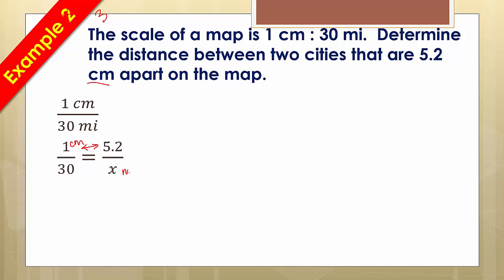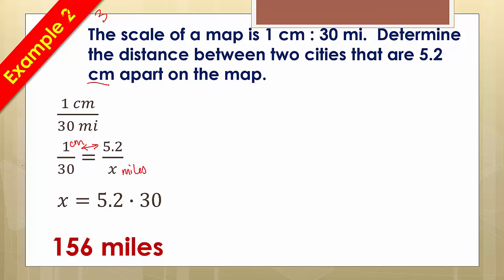And then this is our variable, the x miles, because that's what they're asking us. So it's just a matter of 1 times x, which is just x, and 5.2 times 30. Since there's a 1 in front of here, we're only dividing by 1. All we have to do is this step here, which gives us 156 miles.